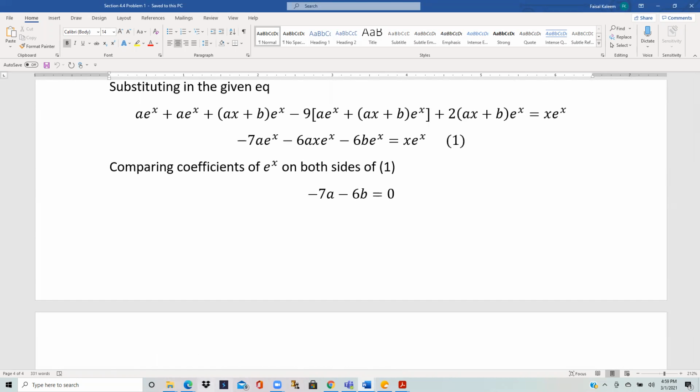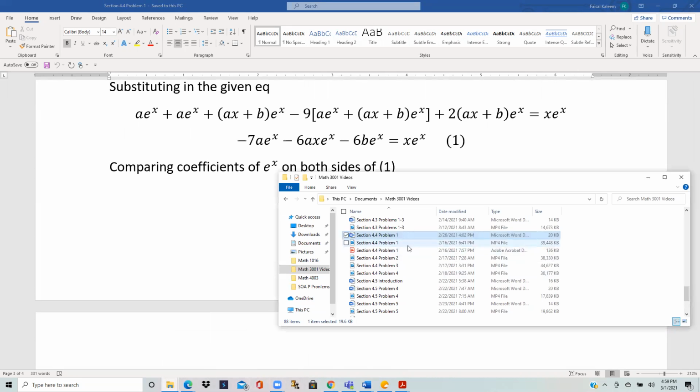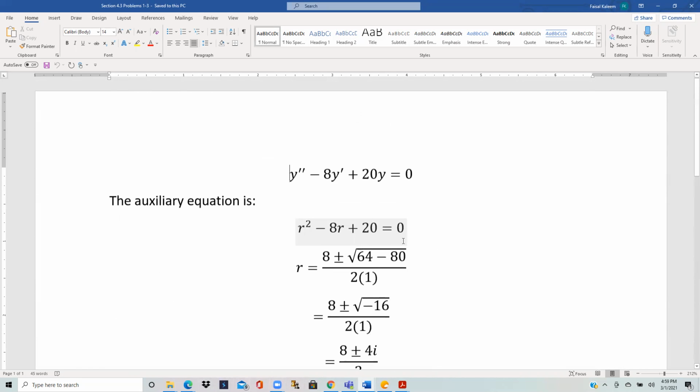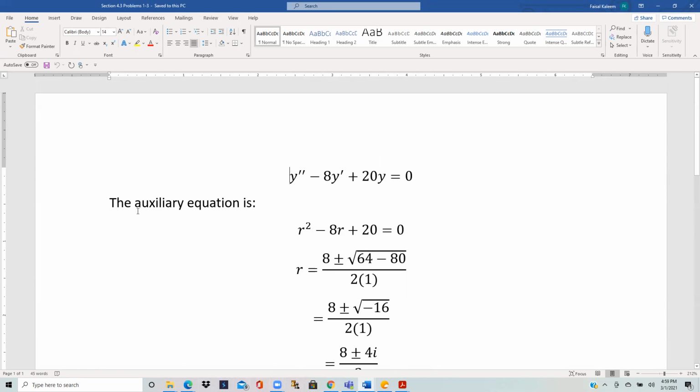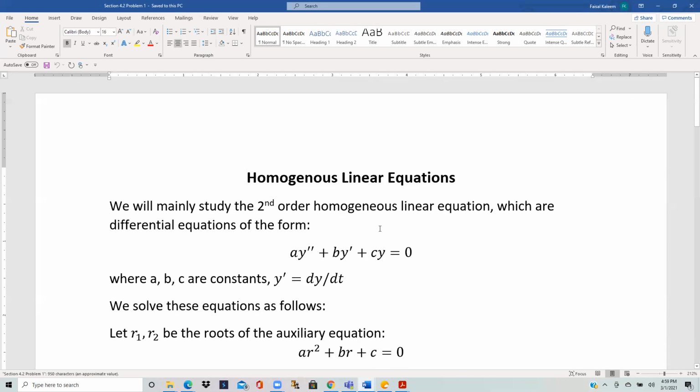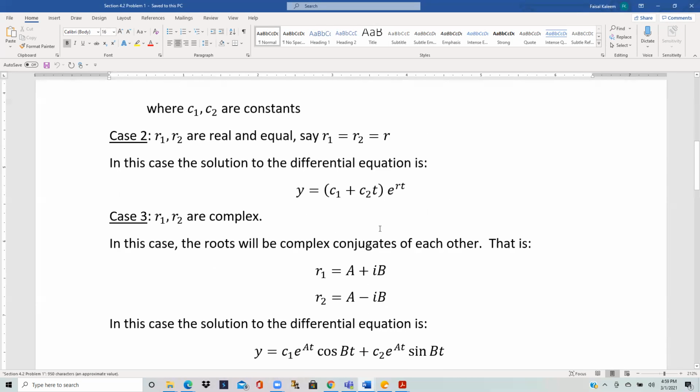Which section was it? Maybe 4.3, or 4.2. Okay, so in the case of repeated roots, we have real and equal roots. This is the general form.